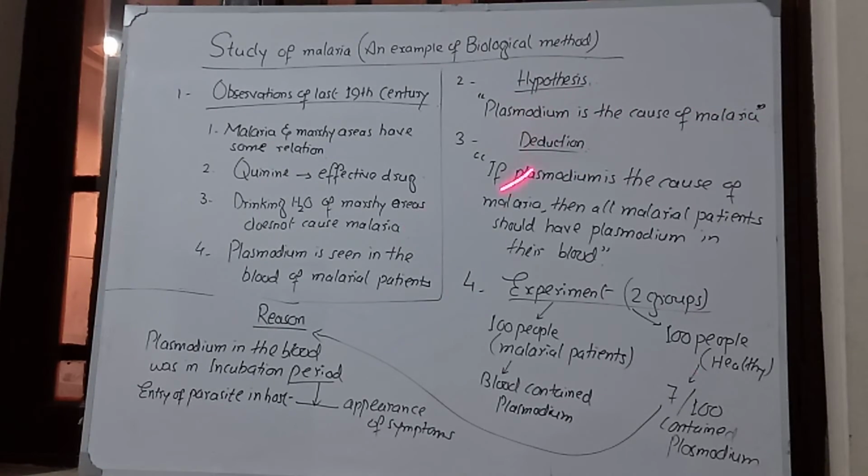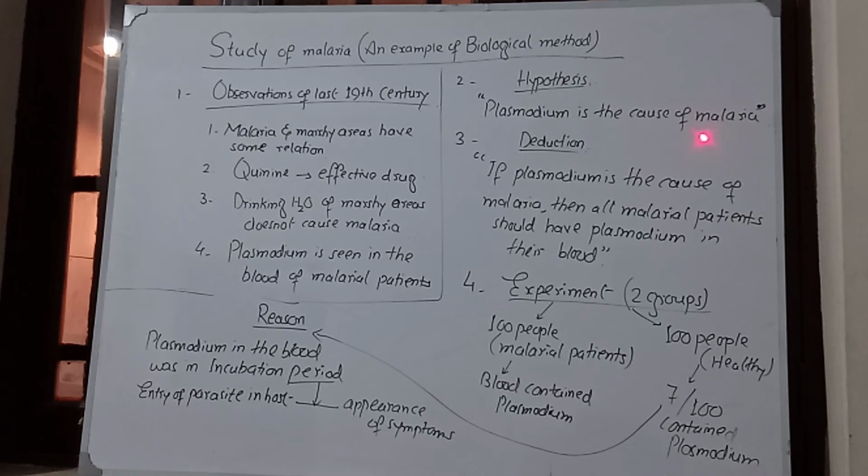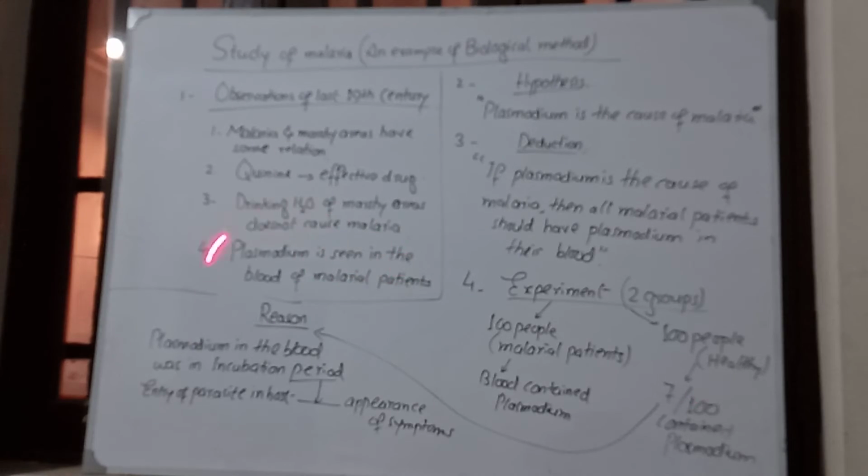This hypothesis was given on the basis of this observation, because Laveran observed plasmodium in the blood of malarial patients. So this was the most effective observation regarding malaria. So plasmodium is the cause of malaria. This was the hypothesis given on the basis of these observations, and especially this one.